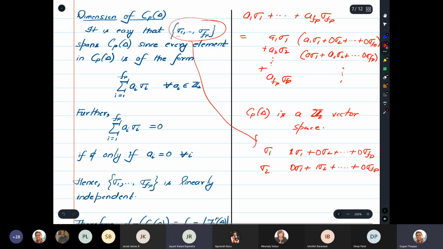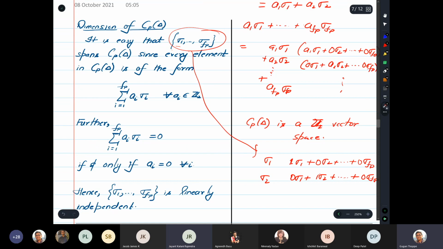Notice that the elements of CP delta are P chains. So when I say I'm talking about a basis for CP delta, I have to give you a collection of P chains. Those are sigma 1 to sigma fp, which are shorthand notations for 1 sigma 1 plus 0 sigma 2 plus and so on, 0 sigma 1 plus 1 sigma 2 plus and so on, and so on.